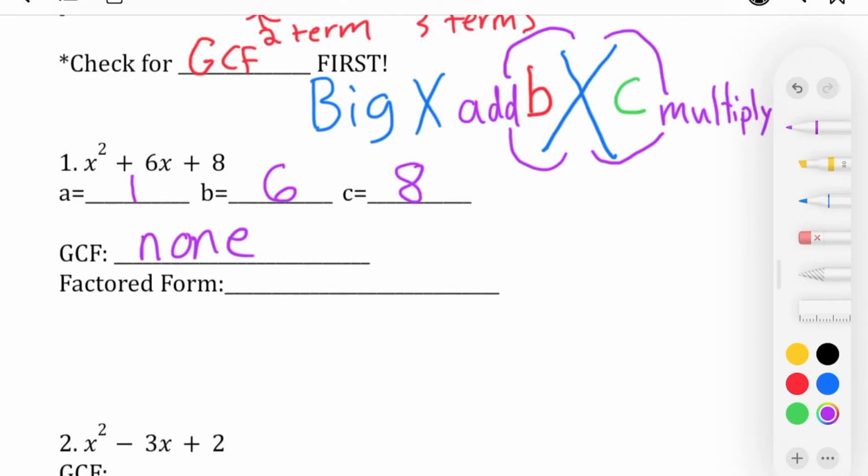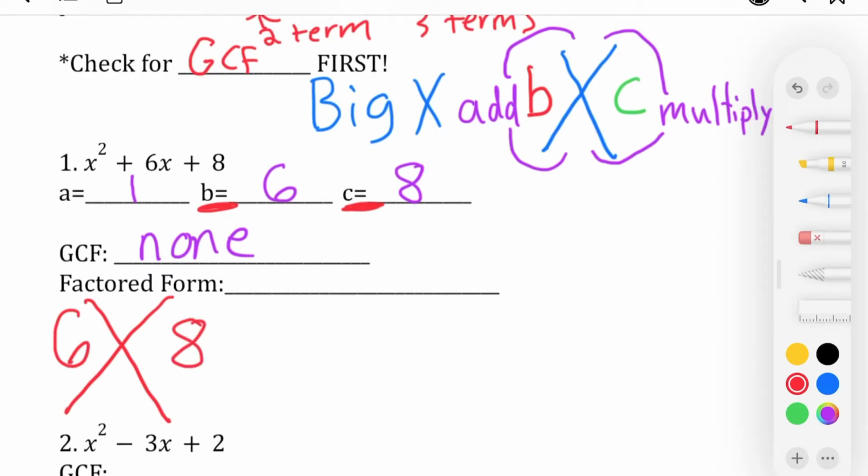So then we're going to use our B number and our C number to find our magic numbers that are going to multiply to give us our C, but also add to give us our B. So our big X, our B is going to go off to the left, and our C is going to go off to the right.